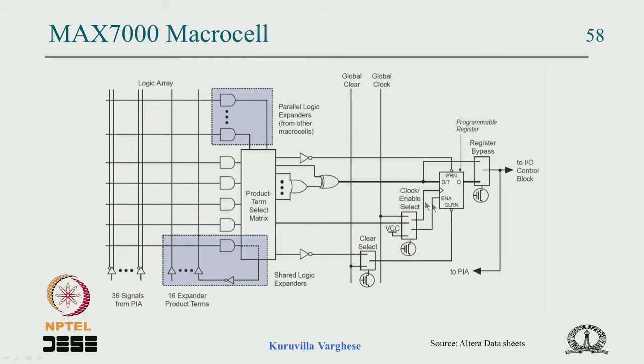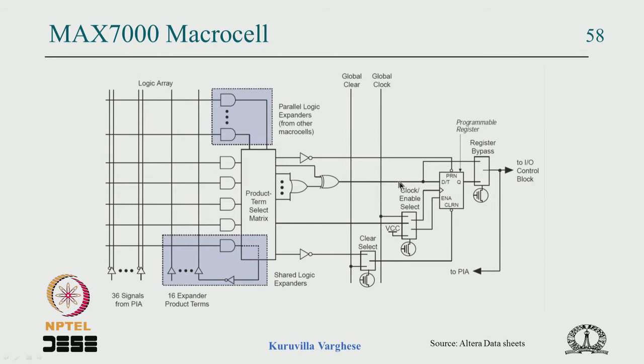Now let us look at the flip flop. You see that the OR gate output is going to the XOR gate input, and the XOR gate output is coming to the flip flop input, and the flip flop Q is going to a bypass mux. So here there is a 2-to-1 mux which gets the output of the flip flop as well as the input of the flip flop.